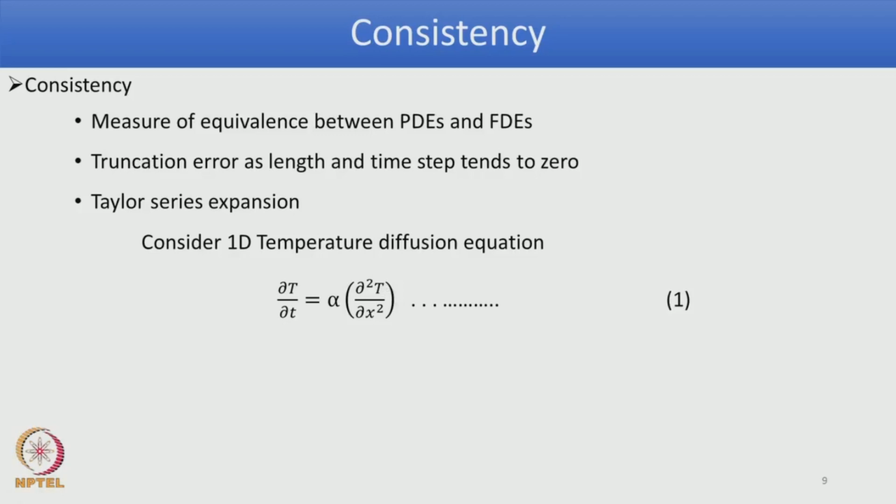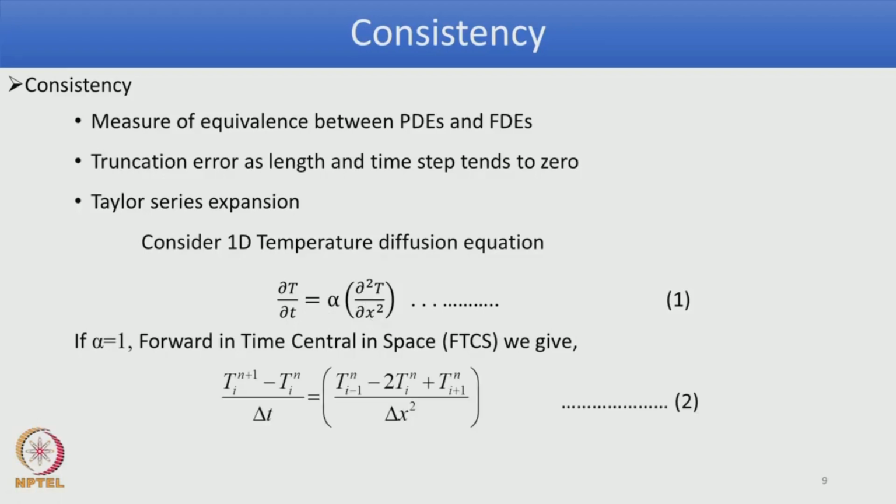Any scheme we can write. We start off with the forward time central space scheme, otherwise shortly referred to as FTCS, forward in time, central in space. For simplification, we will take the coefficient alpha to be 1. So, it will be only dou T by dou t equal to dou square T by dou x square.